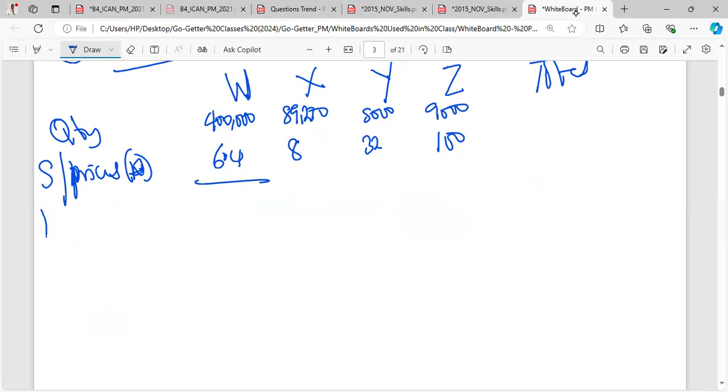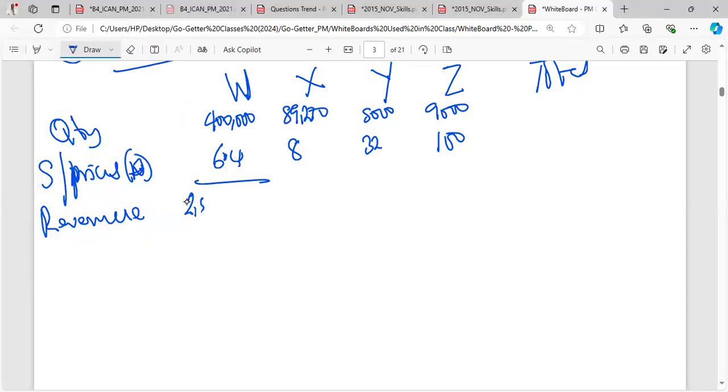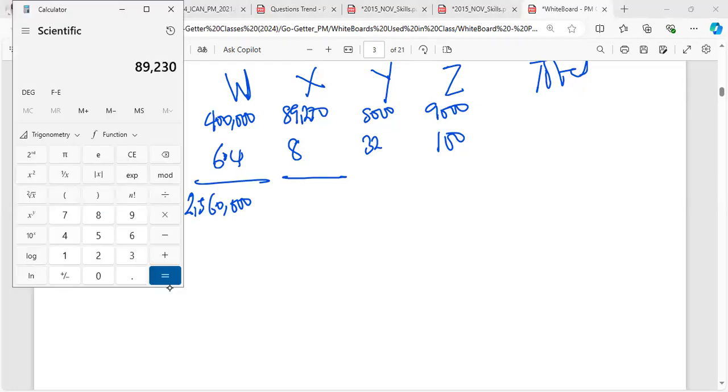So these are revenue. What will our revenue be? 400,000 multiplied by 6.4. That gives me 2,560,000. Now the second one, 89,230 multiplied by 8, 713,840.